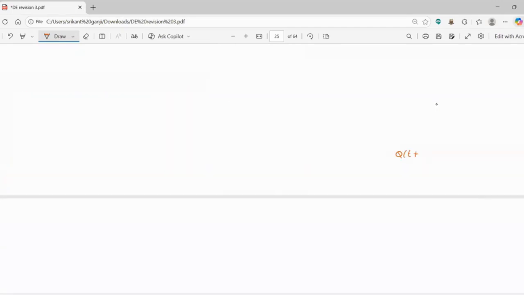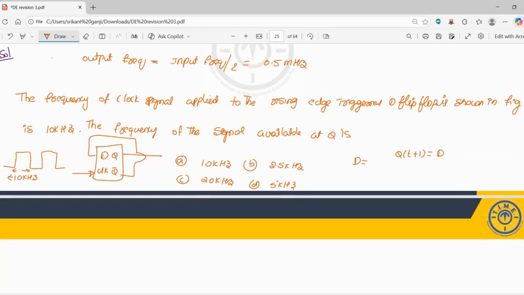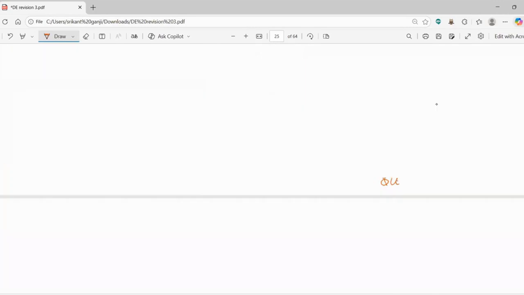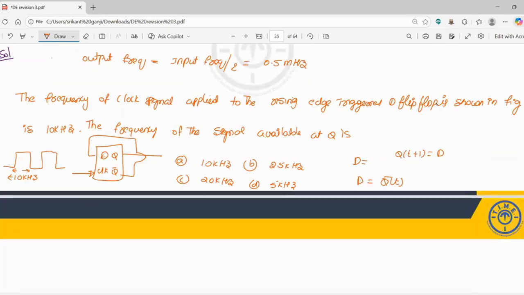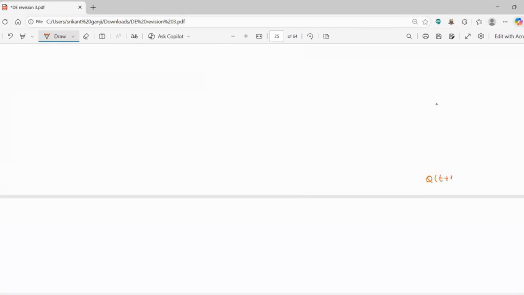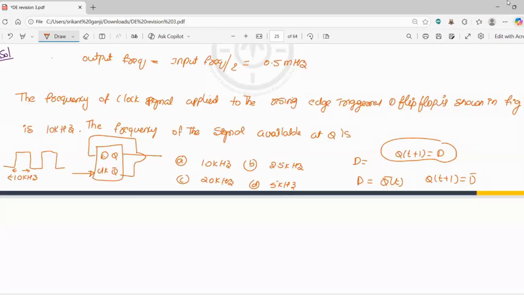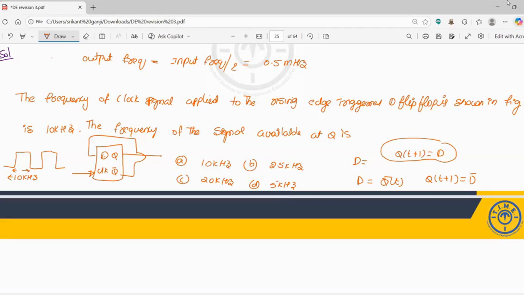Q of T plus 1 is equal to D. But from the figure you can observe that D is equal to Q bar of T. So then Q of T plus 1 is also Q bar of T. So option D is correct.